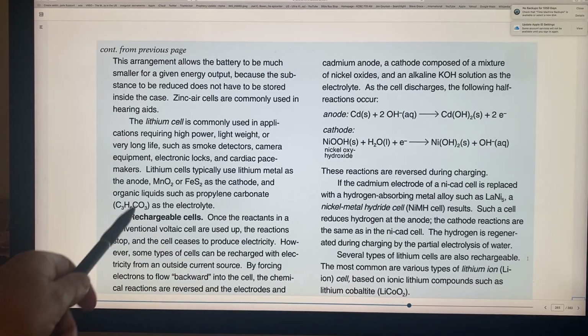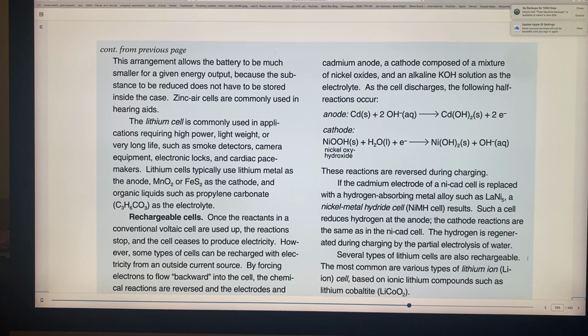Lithium cells typically use lithium as the anode, and MnO2 or ferrous sulfate, which is iron related, as the cathode. And then the electrolyte here is CH6CO3. This whole thing here is the electrolyte. It's an acidic type of electrolyte.